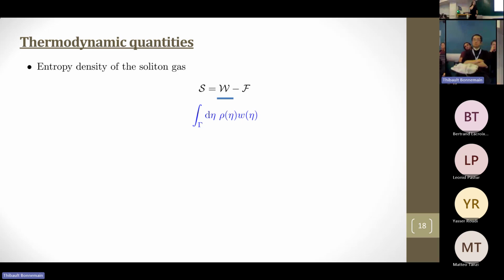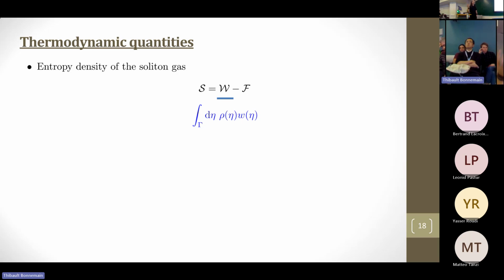The first one I want to look at is the entropy density of my soliton gas. From traditional statistical mechanics, I know that the entropy should be related both to the Gibbs weight and to the free energy, except that traditionally this W should be beta times the density of the energy.